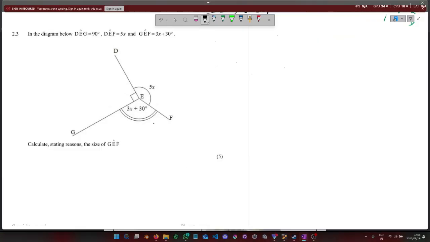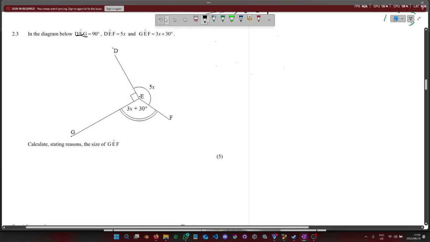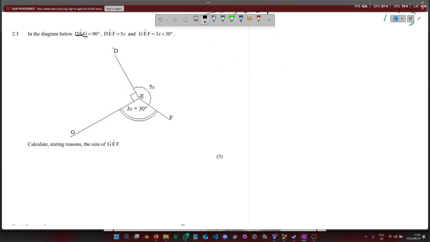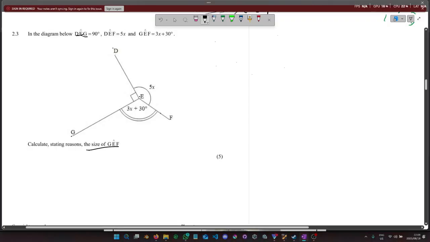All right. For this one, it said that DEG is equal to 90 degrees. DEF is equal to 5x. And GEF is equal to 3x plus 30. So they want to know the size of GEF, right?